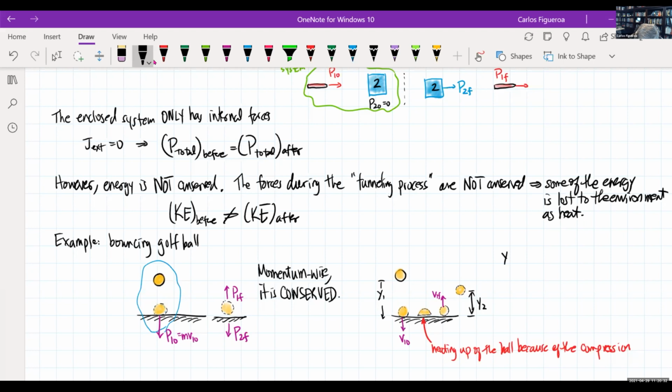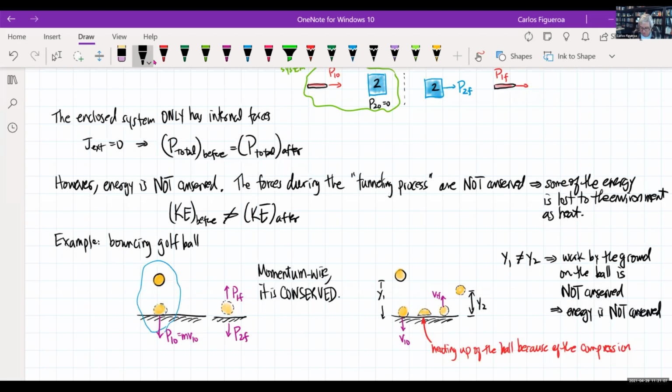So the fact that y1 is not equal to y2 implies that work by the ground on the ball is not conservative. And if it's not conservative, then that implies energy is not conserved.